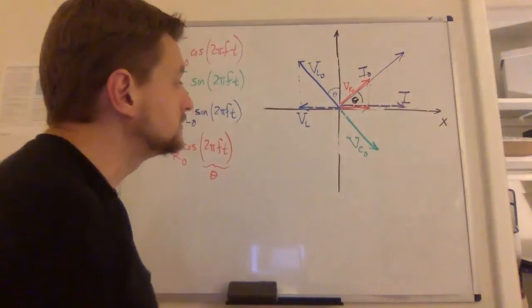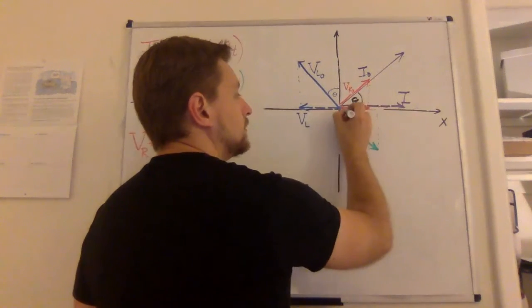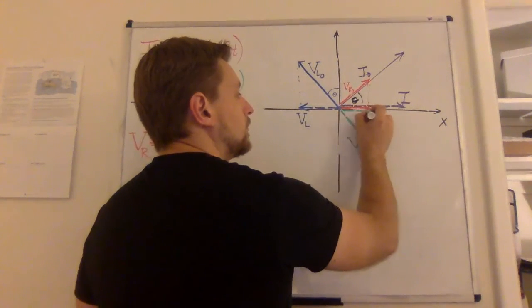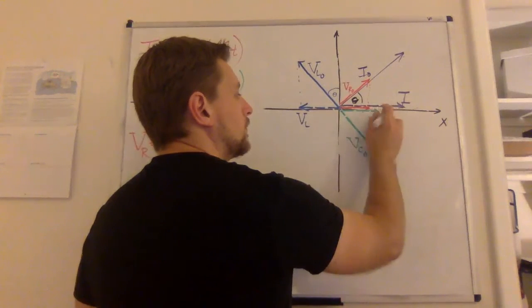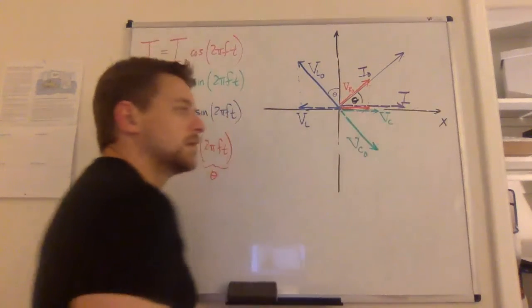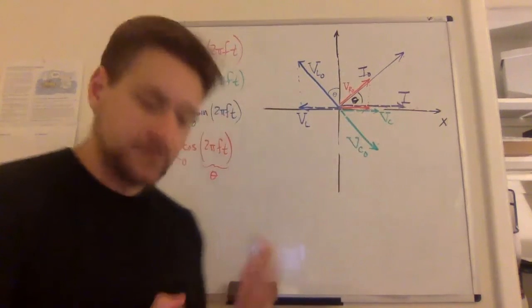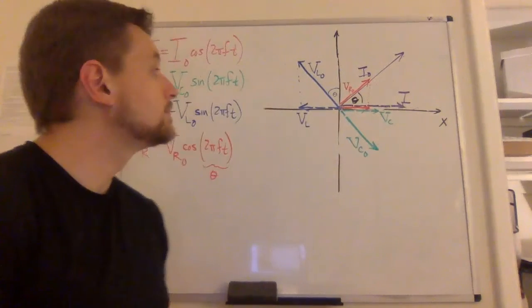The x component of the capacitor phasor is the value of the potential difference across the capacitor at this time.